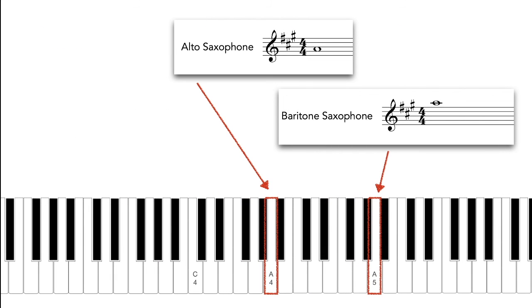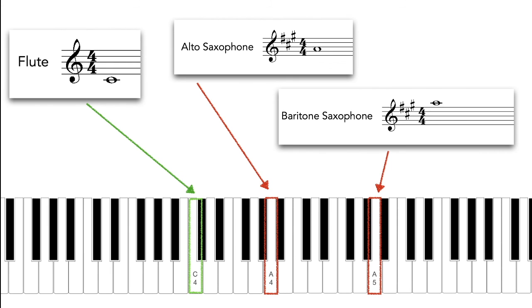In order for these instruments to sound a C4, the alto must read an A4, and the bari must read an A5. Note that in this case, the key signatures have also changed to accommodate. Again, note that both saxes read in treble clef, as have all the other non-concert instruments in this video thus far.